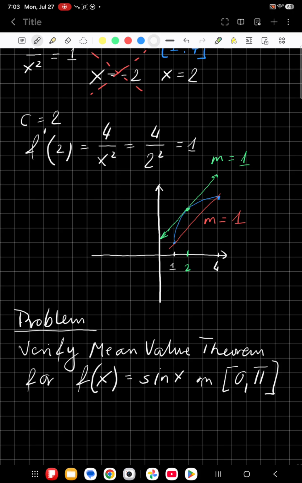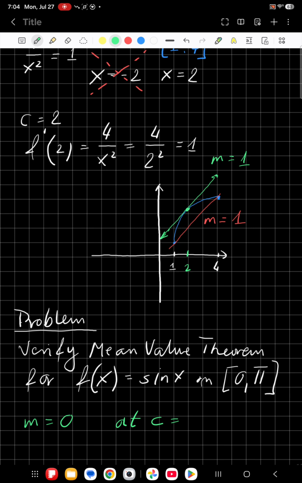I hope you guys can figure it out. Let me give you the solution. So the slope m is equal to 0, and it happens at, let's see.